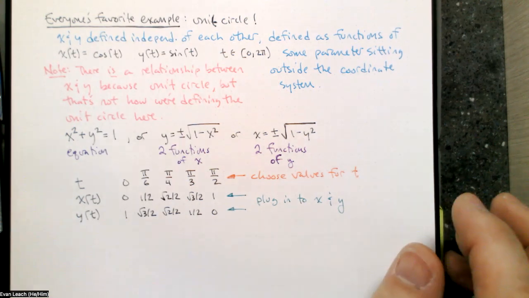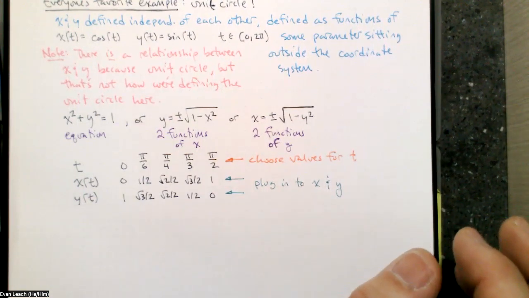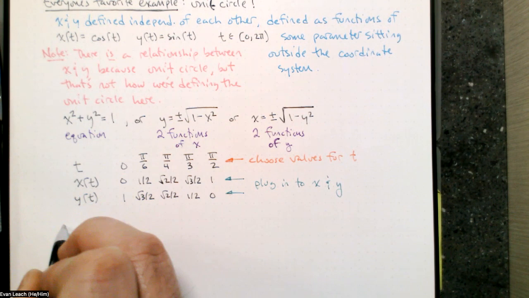One of the things that we get when we make a parameterized curve is that since t goes from 0 to 2 pi, we establish a direction.